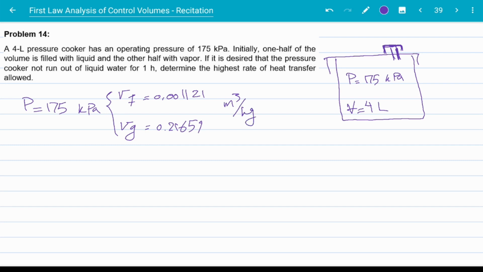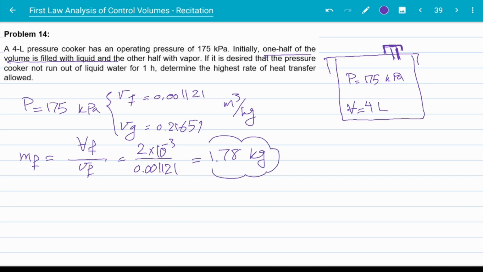Now the problem specifically states that half of the volume is filled with liquid. Okay, so I can say mass of liquid is the volume occupied by the fluid over the specific volume of the fluid. So that gives me 2 liters, which is 2 times 10 to the minus 3 meters cubed, over 0.001121, which is 1.78 kilograms.